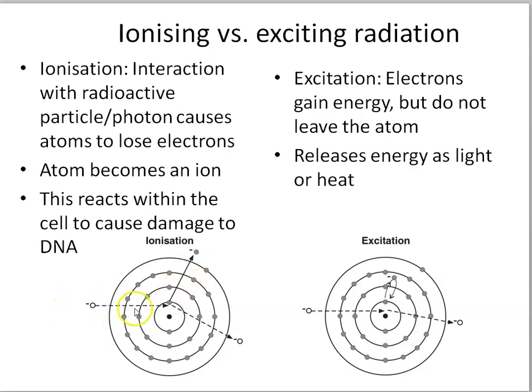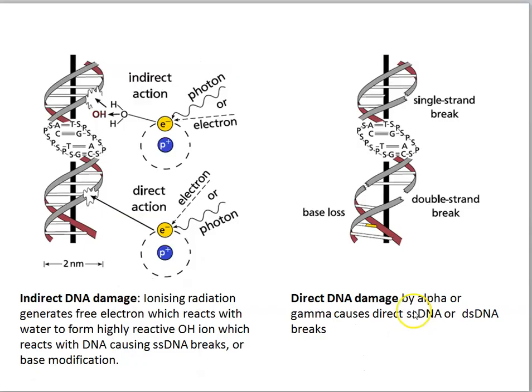Or we can have radioactive photons or radioactive particles hitting DNA directly and causing direct DNA breaks. So this is shown here. We've got some DNA here that's received a direct double-strand break, so that's a radioactive particle passing through the DNA and causing a double-strand break, or just a single-strand break. If this is unrepaired, that will lead to a double-strand break and the replication fork would collapse.